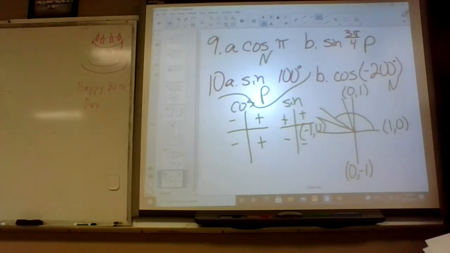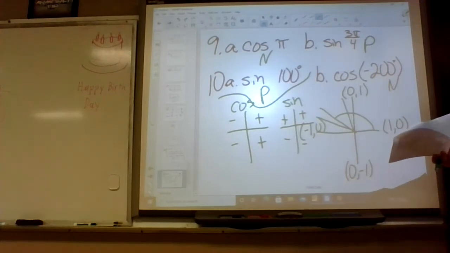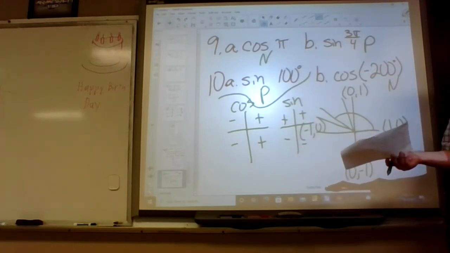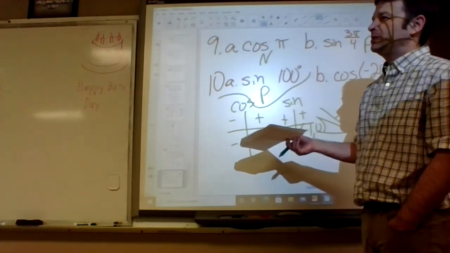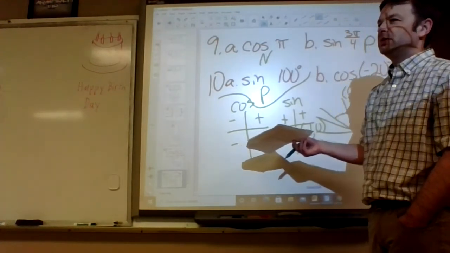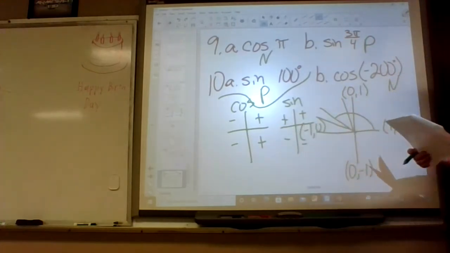What did you get? Negative 0.99? Okay, well, it should be negative. If you put it in radians and do it, it gives you negative one.